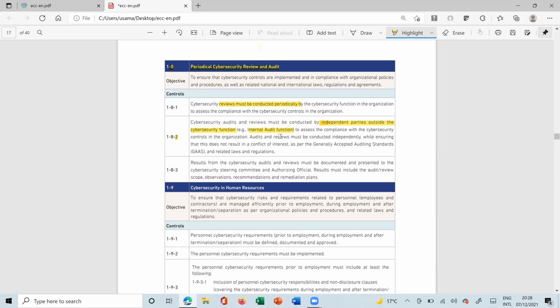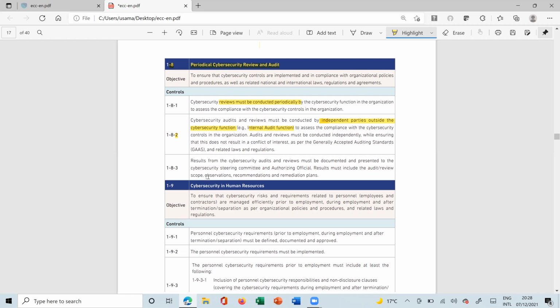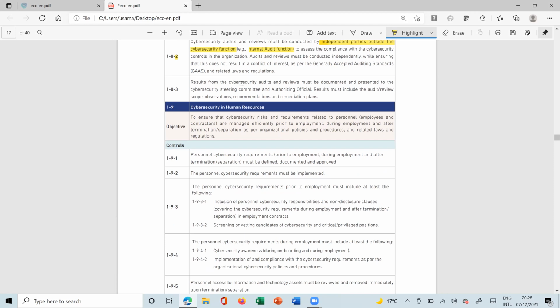And this internal audit function should report to the CEO or the top management, not to the security administrator, not to the CISO. No, it should report to the CEO. The results of the cybersecurity audit must be documented and presented to the steering committee.